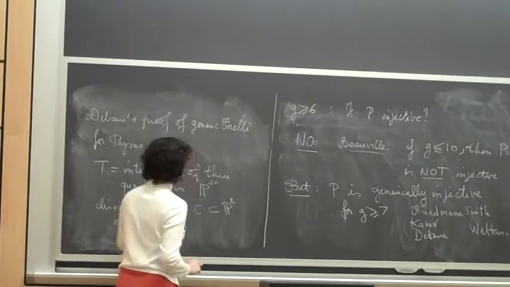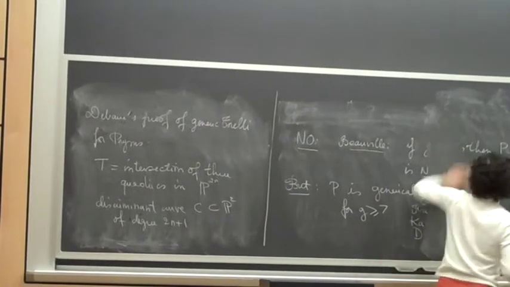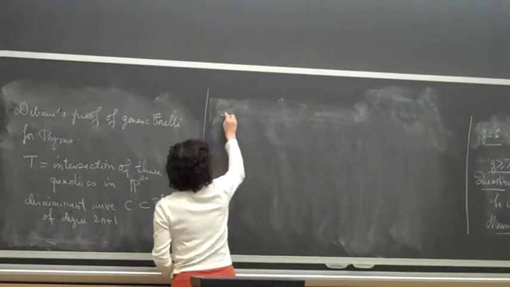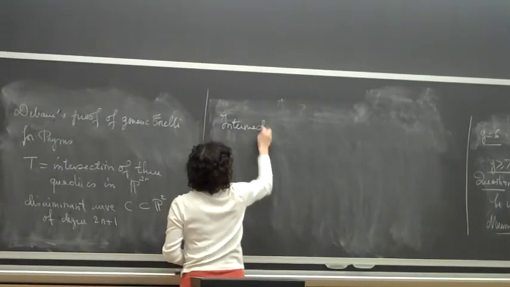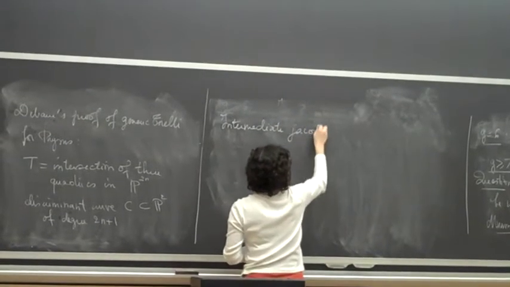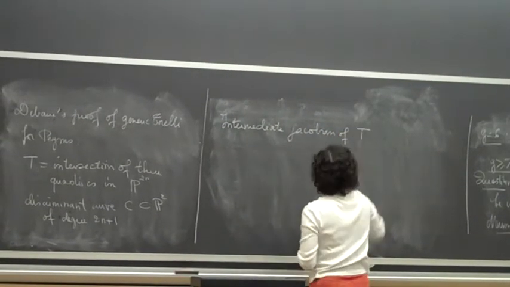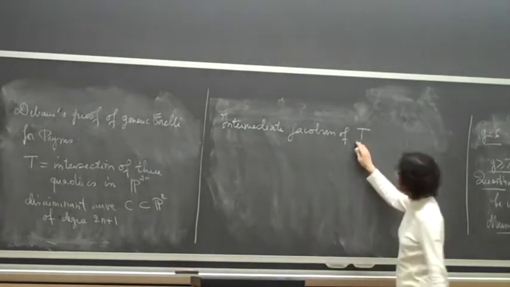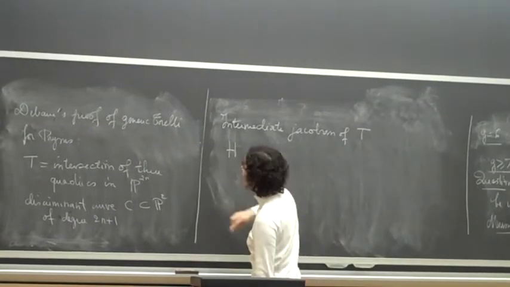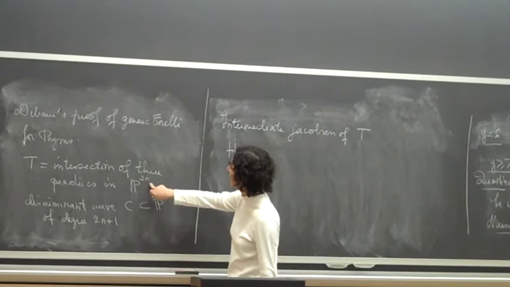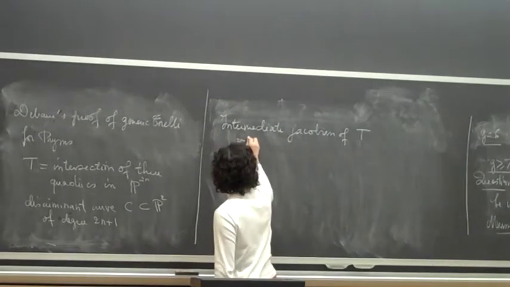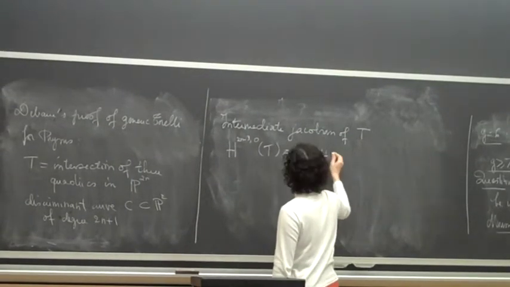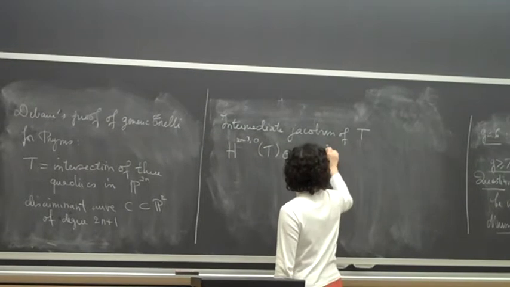And so the intermediate Jacobian of T, which is defined in terms of a Hodge structure, has dimension 2n minus 3. So I take H^{2n-3,0}.